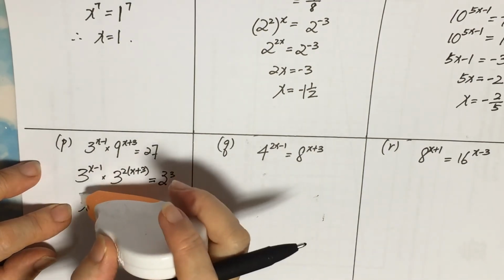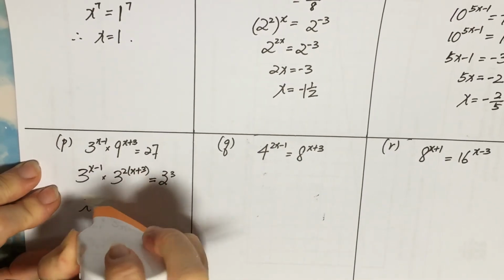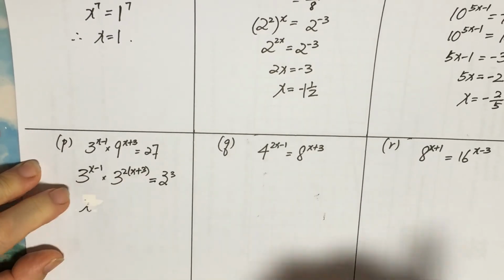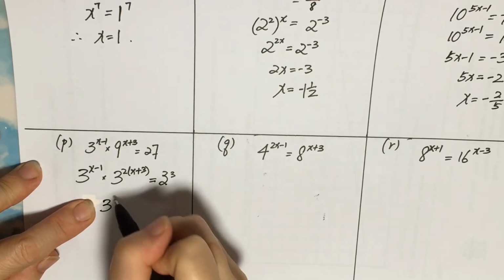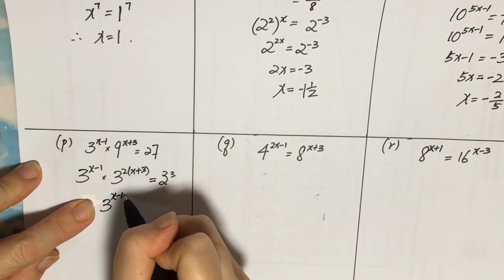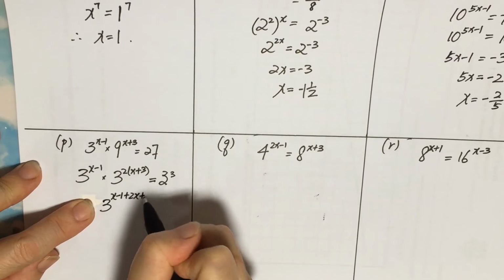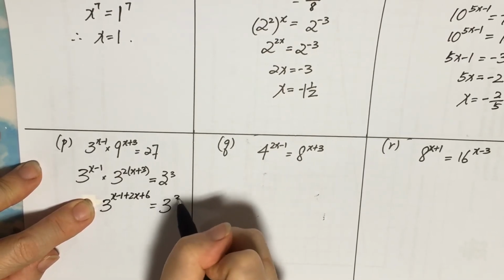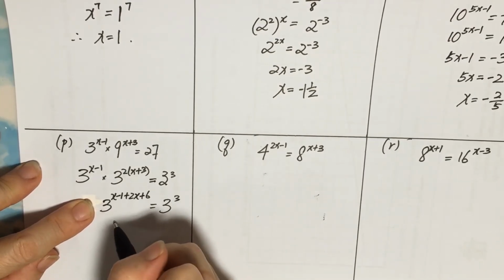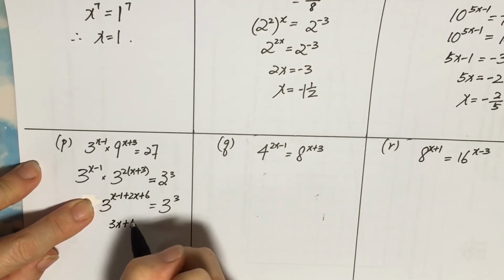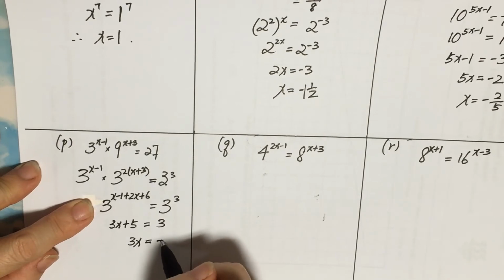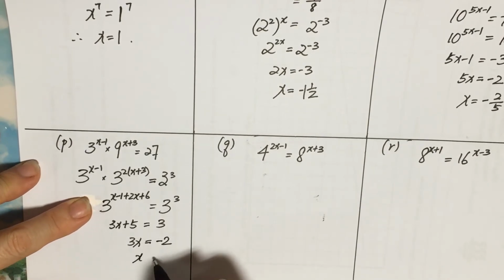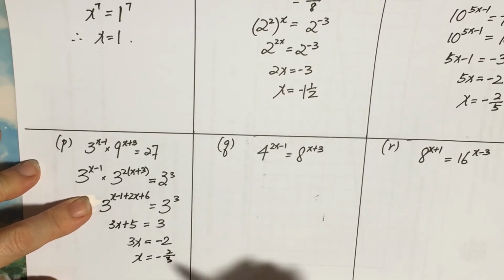So the base is 3, so the power will be x minus 1 plus 2x plus 6 equals 3 cubed. Base the same, so we add the powers, so 3x plus 5 equals 3. 3x equals negative 2. And so x is negative 2/3. Okay, negative 2/3.